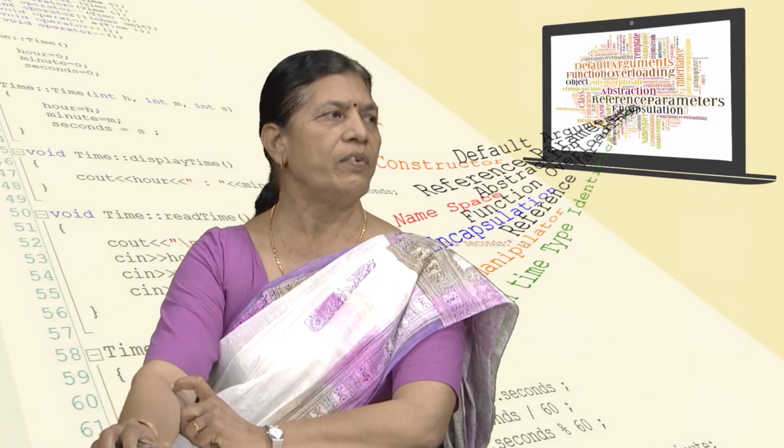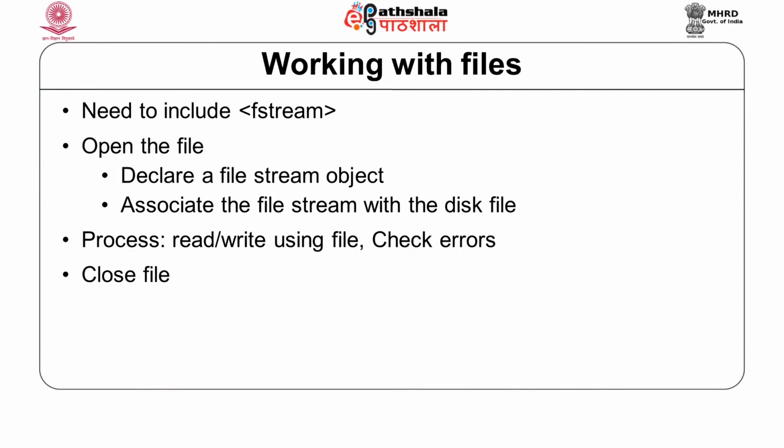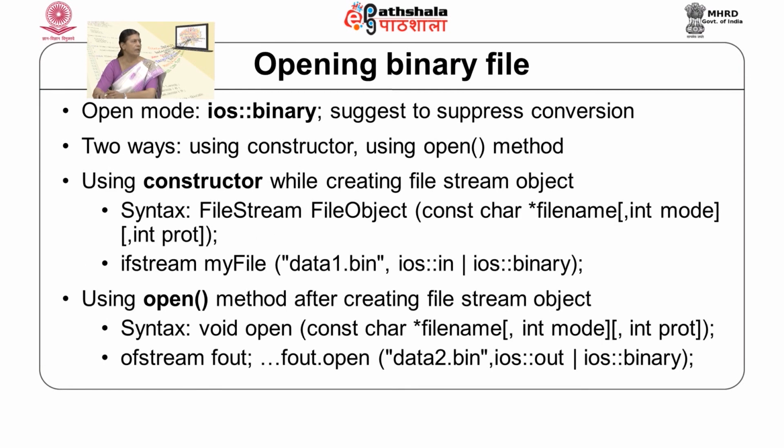Now, let us see working with binary files in detail. Working with binary files is very similar to working with text files, except for the difference in the open mode of the file, where we need to include ios::binary, and the operations read and write. So, how to open a binary file?